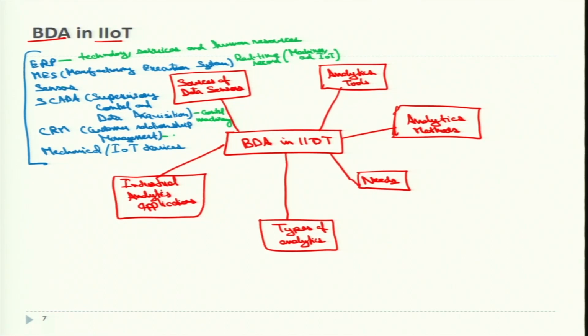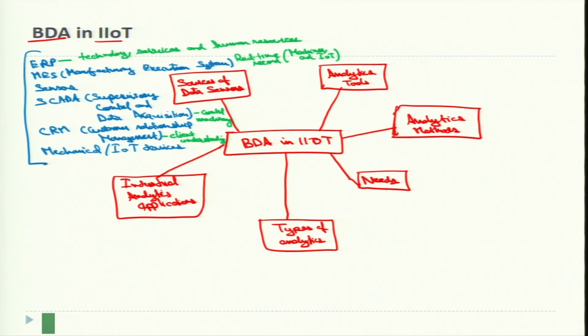So, client understanding. What does the client need? How do we serve them? By using analytics tools on the data gathered from these mentioned systems, machines, or devices, useful information can help in decision making.